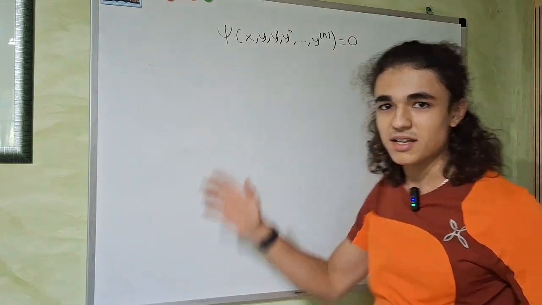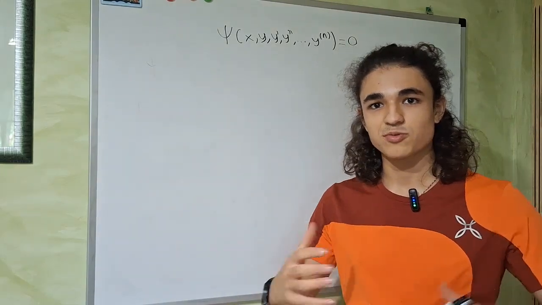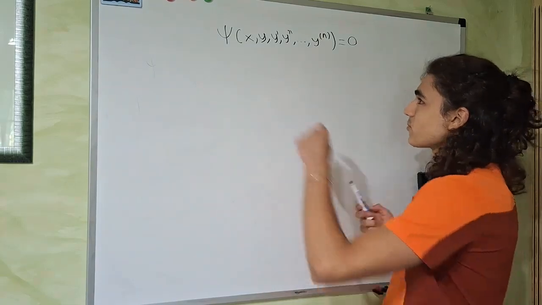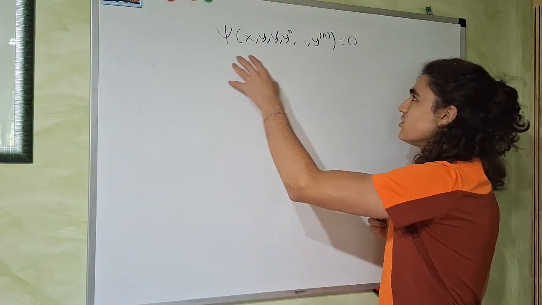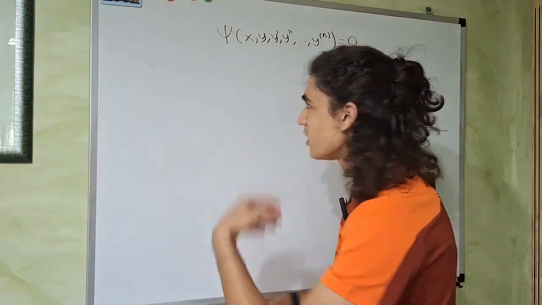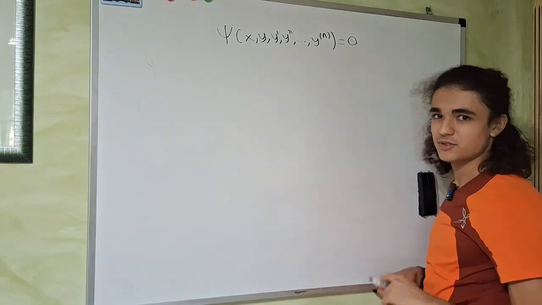Now, this psi represents all the operations, rational, irrational, and transcendental, we've done to arrange the equation in the following way. So everything is on the left-hand side, and that equals 0.